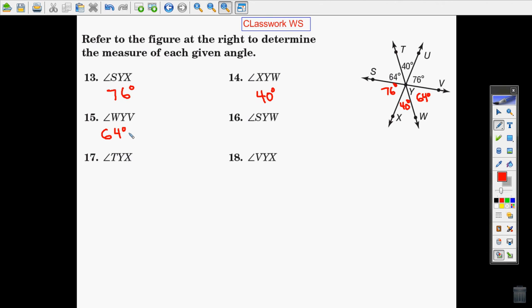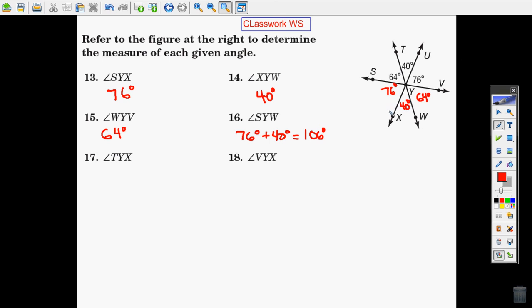If you notice, it has been helpful that I've been writing the numbers into the angles, because now all we have to do is add the two angle measures together. 76 degrees plus 40 degrees to get the grand total, which is going to give us, what's that going to be? There you go, 106.